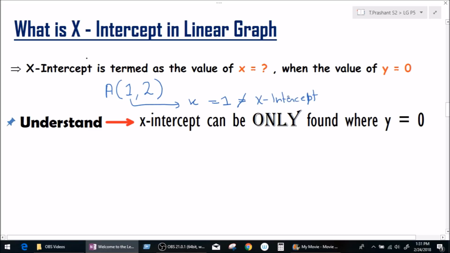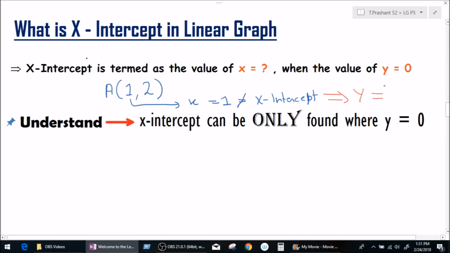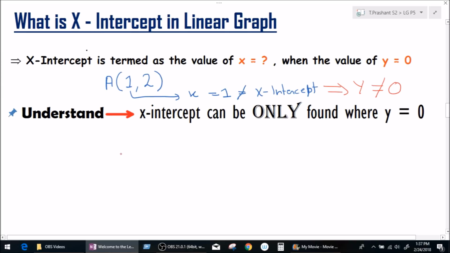The reason why x is not x-intercept is because the value of y is not equal to 0. So what else can we make out of this definition? We can easily understand that x-intercept can be only found where y is 0. So if y is not 0, there is no x-intercept.